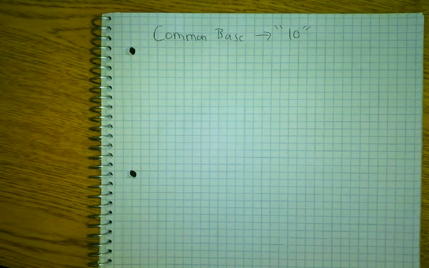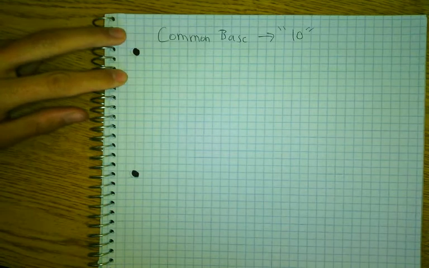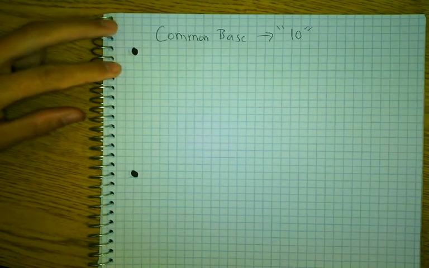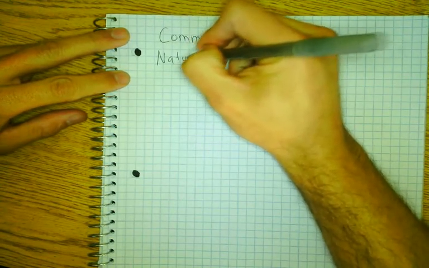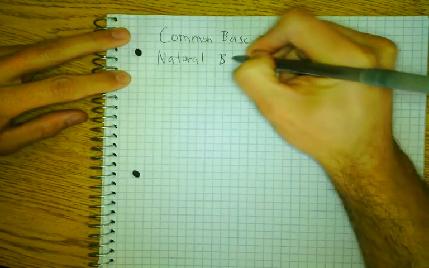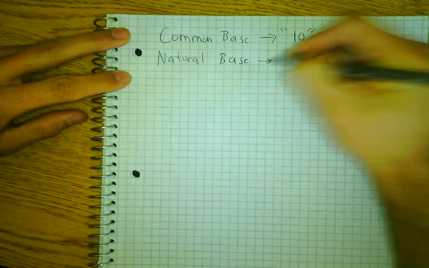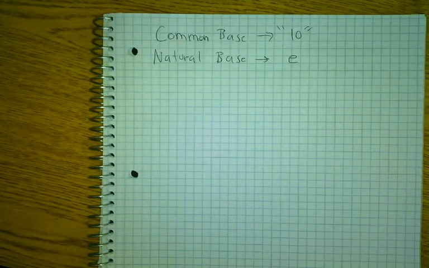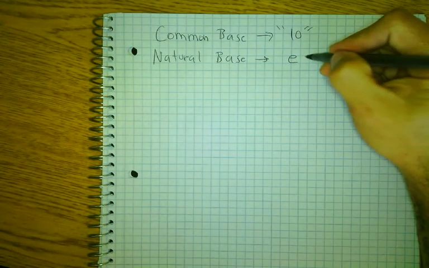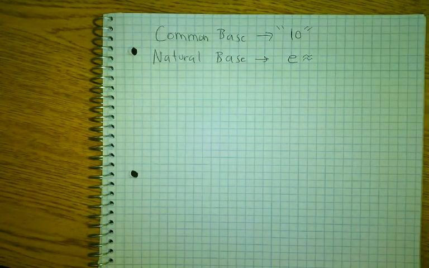Okay, that's called a common base, and there is another base. I don't know if you remember what it's called. There's something called a natural base, which is represented by the letter e, which is actually a number. Does anyone know approximately what it's equal to?